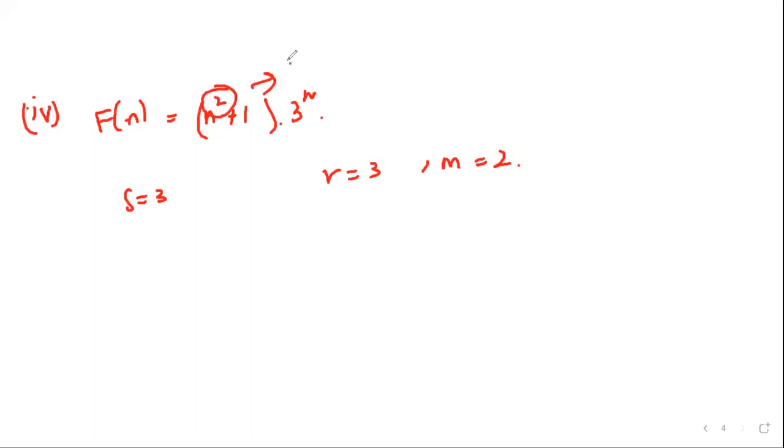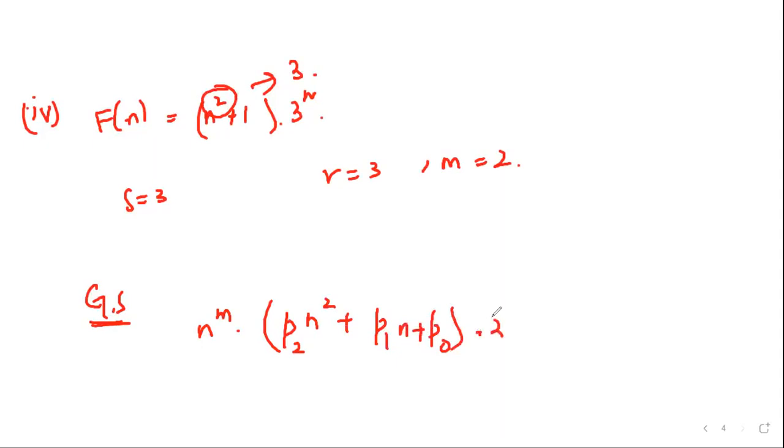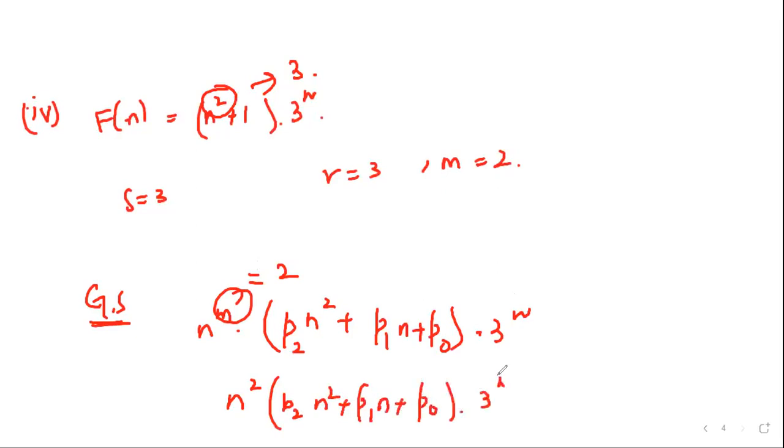So totally how many terms will we have again? We will have 3 terms in the bracket. So for this, the general solution will be n power m into (P2 n square plus P1 n plus P0) into 3 power n. What is m? The multiplicity is 2. So this is written as n square into (P2 n square plus P1 n plus P0) into 3 power n. Okay, so this is the general solution for our n square plus 1 into 3 power n.